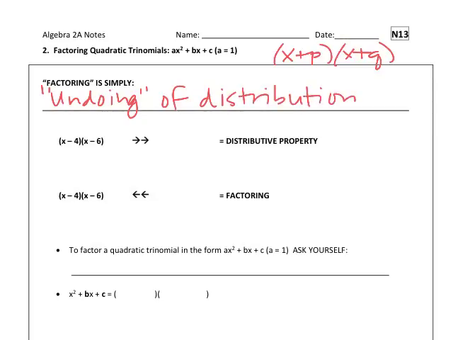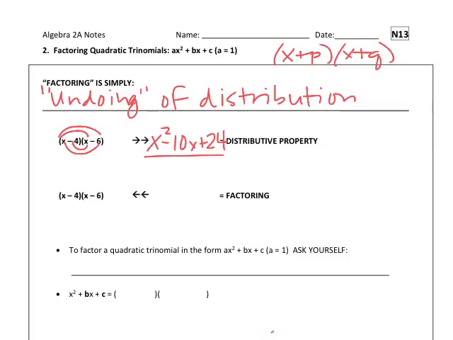So we're undoing distribution. So if we took what we did in just that last example, we had x squared minus 10x plus 24. Okay, we did that by doing the FOIL method, and we multiplied them all together, and we ended up with this.